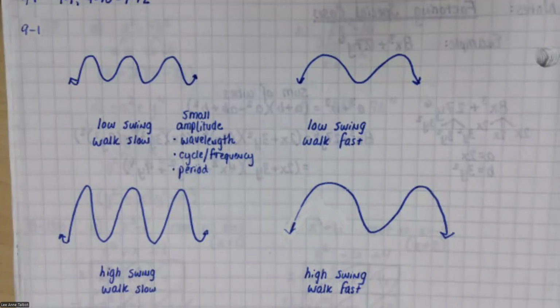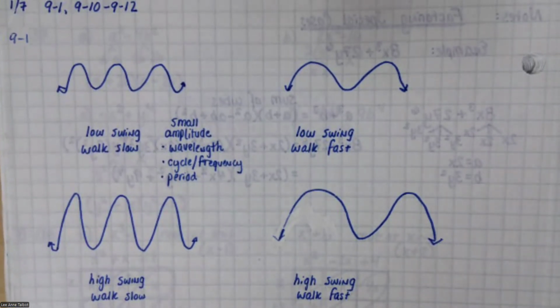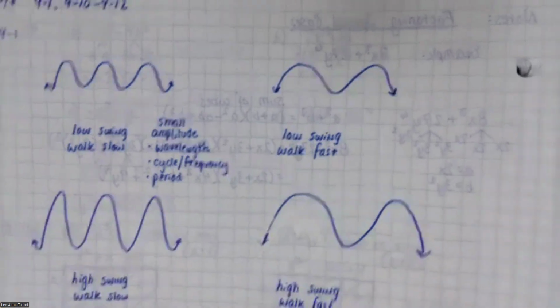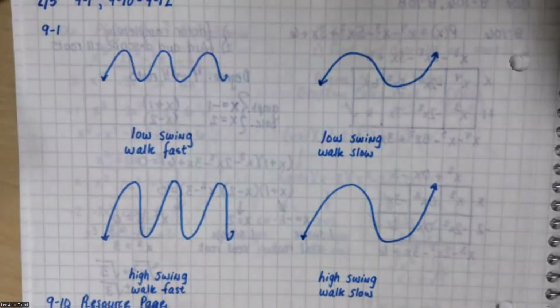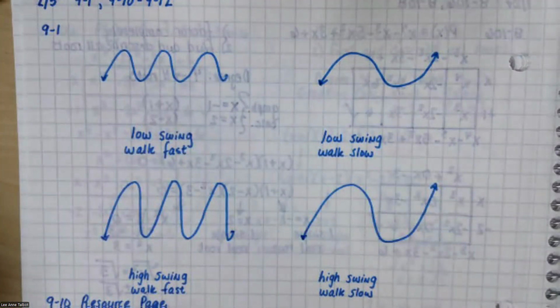Are we really working on waves this chapter? Yes, we are. We're working on waves, but not just waves. Okay. Do you need it again? Well, mine's wrong. Okay, hold on. Let me fix it.